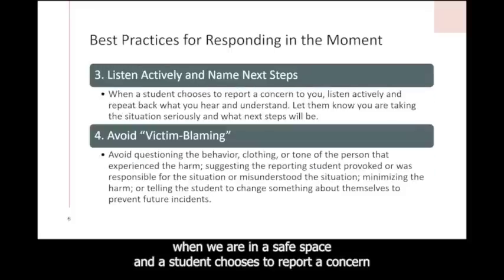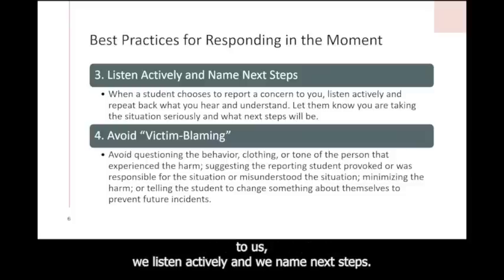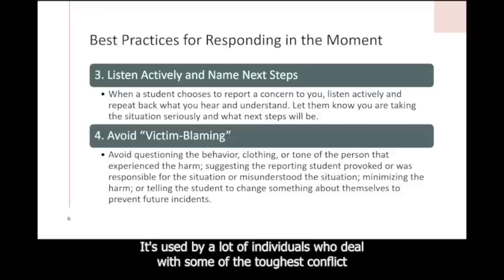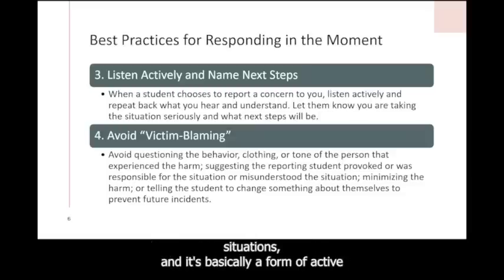Third, when we're in a safe space and a student chooses to report a concern to us, we listen actively and we name next steps. I personally like to use a technique that's called looping. It's used by a lot of individuals who deal with some of the toughest conflict situations. And it's basically a form of active listening that people can see.